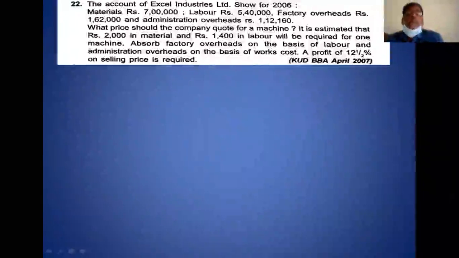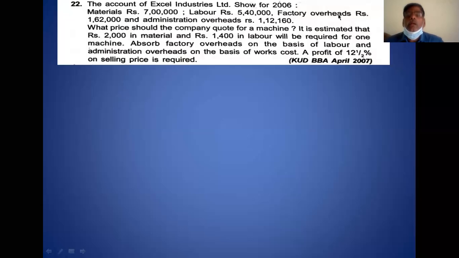Solving problem number 22. You see example number 22 from the Balgar book. The accounts of Excel Industry Limited are shown for 2006. Raw material 7 lakh, it is direct material. Labor 5 lakh 40,000, it is also direct labor.